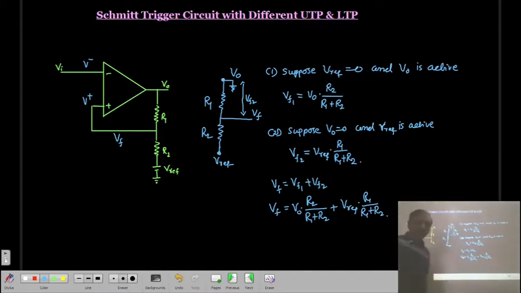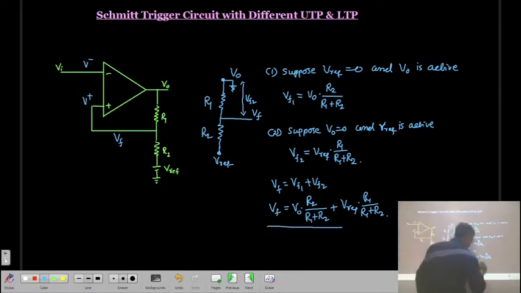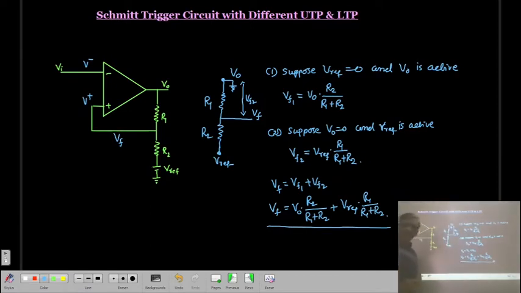Now using this feedback voltage, we can calculate what will be the LTP and the UTP. Correct? So remember, whenever we have a UTP, the output voltage will be at plus V saturation, and when we have minus V saturation, you will get an LTP. Correct?